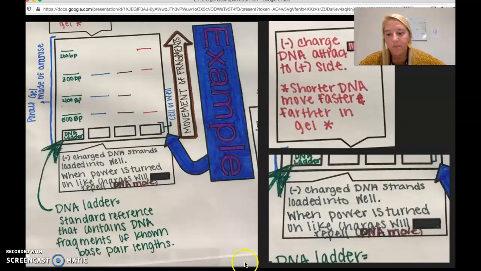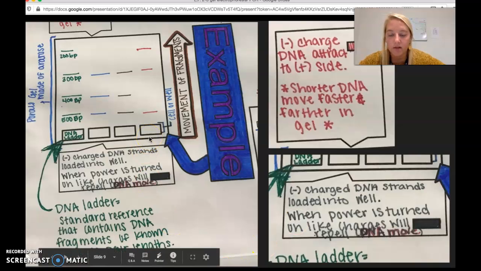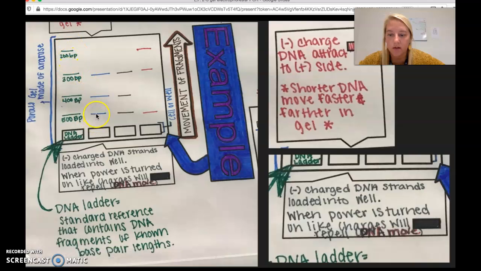Another thing I wanted to talk about is how to read these. So this is our base pairs. I could tell you that this line is 500 base pairs long, this one is 400, this one is 300, and this one is 200. What I could also tell you is that because these DNA fragments are lined up, it is likely that these are the same DNA sample.